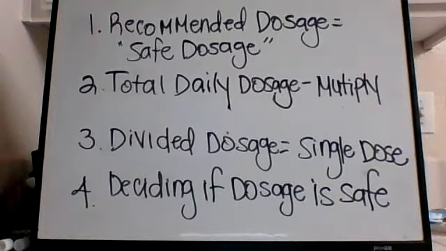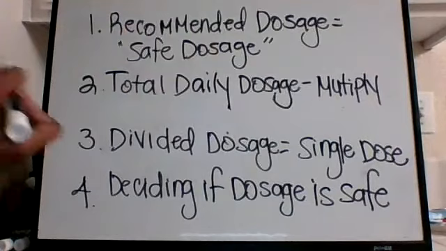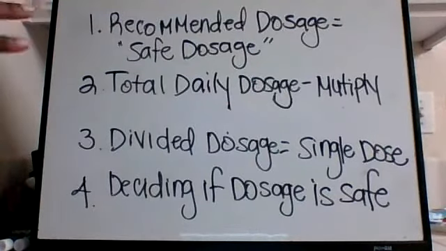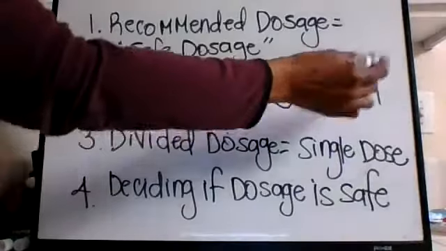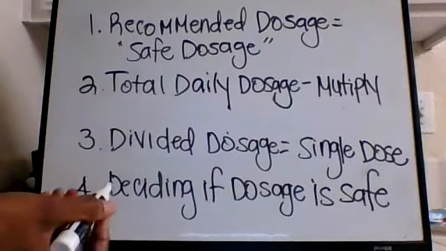The first is we'll be dealing with the recommended dosage. We also call the recommended dosage the safe dosage or safe dosage range sometimes. Number two is the total daily dosage. The third is divided dosage, or we call that the single dose.